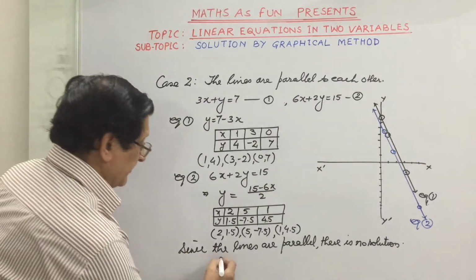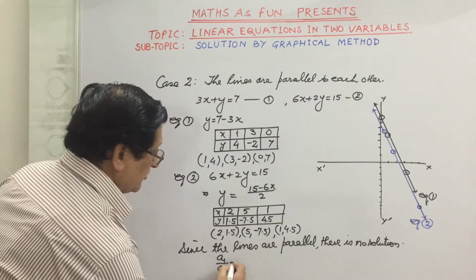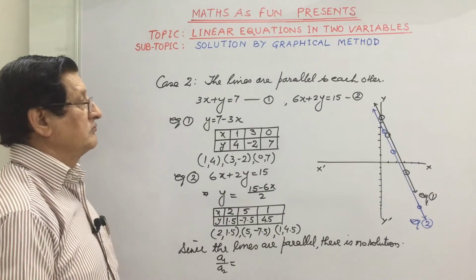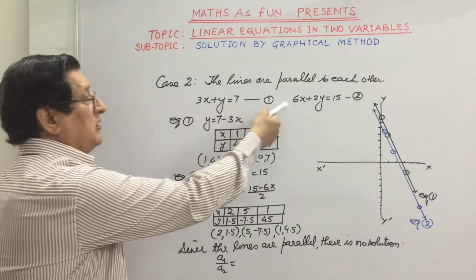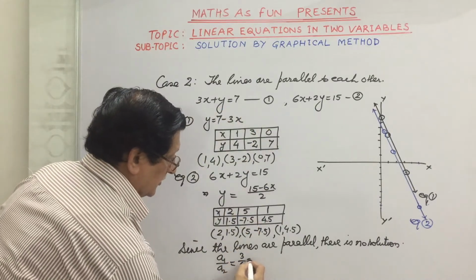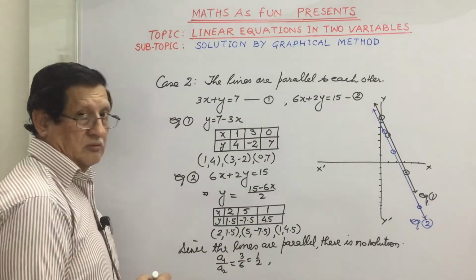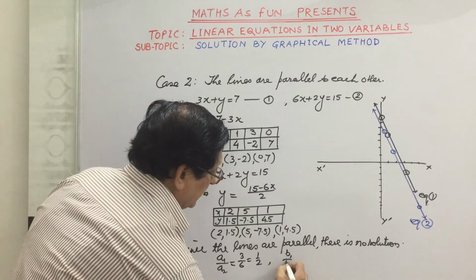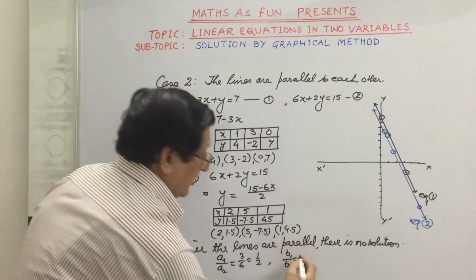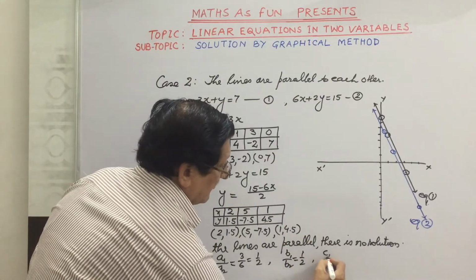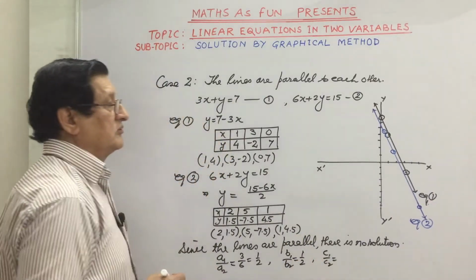One more thing we find here, a1 upon a2 is equal to 3 upon 6, that is 1 upon 2. b1 upon b2 is equal to again 1 upon 2. What about c1 upon c2?